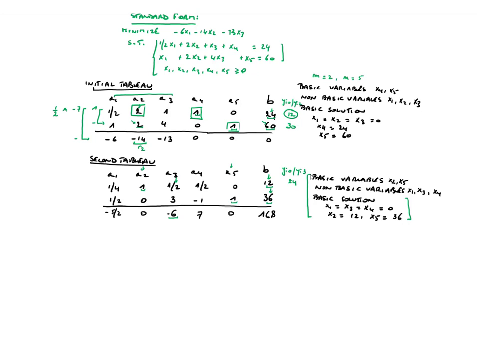Then this one divided by this one over here, that's 12, right? So we take the smallest non-negative value, that's this one, and this means that we have now isolated the pivot. So x3 will join the base and x5 will leave the base, right?